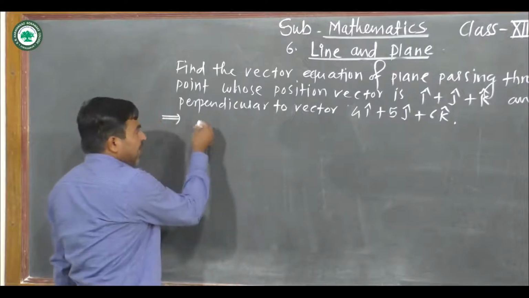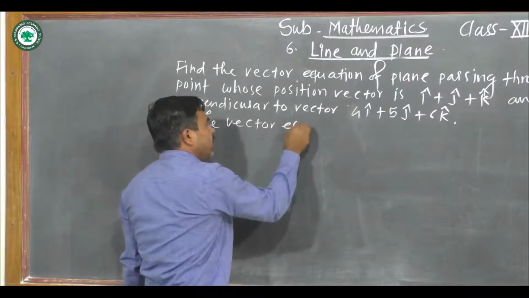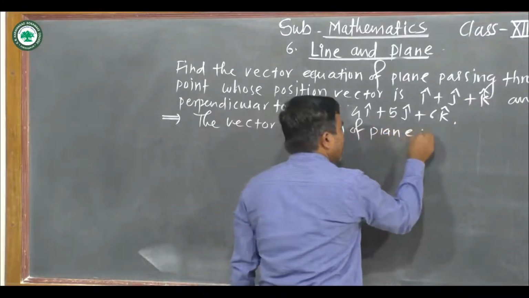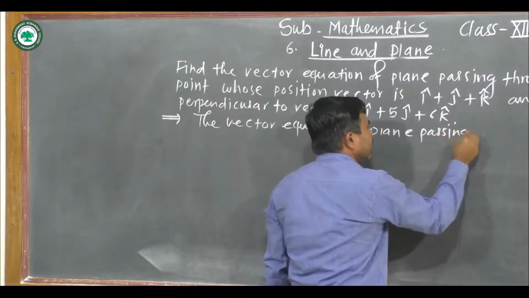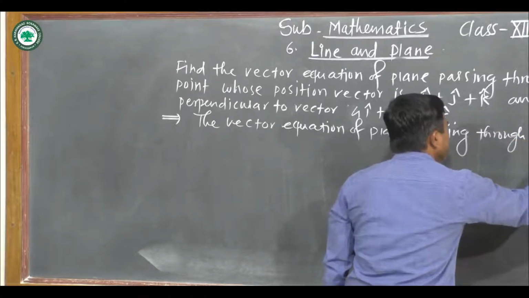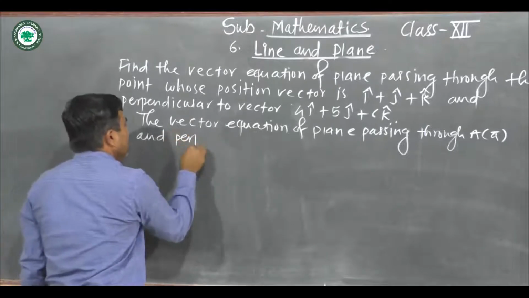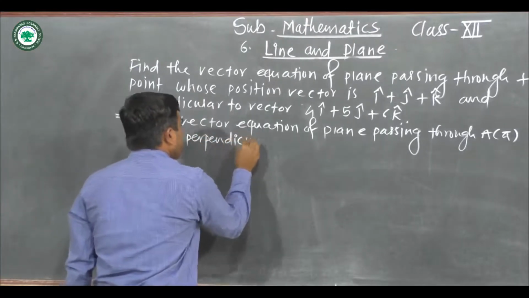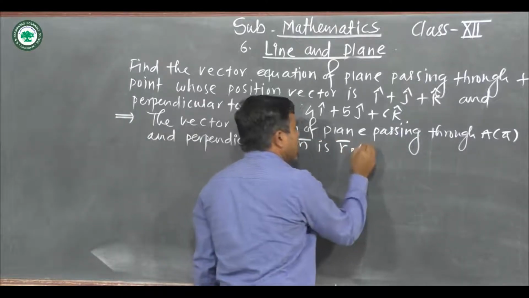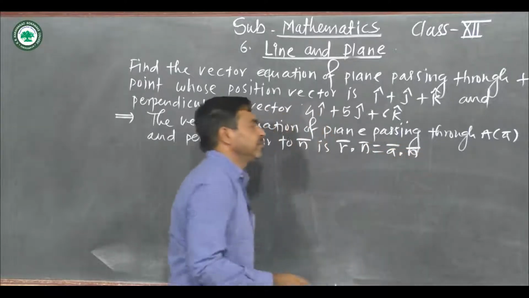And we know the vector equation, which we have just seen, of a plane passing through point A with position vector a bar and perpendicular to n bar is r bar dot n bar is equal to a bar dot n bar.